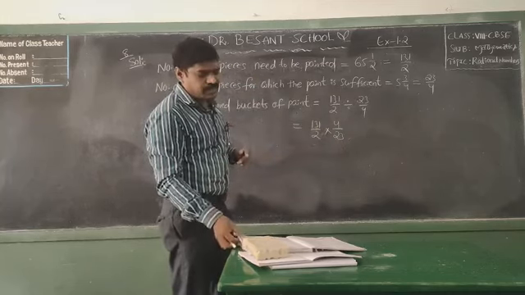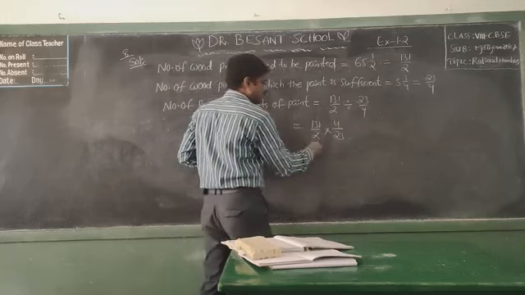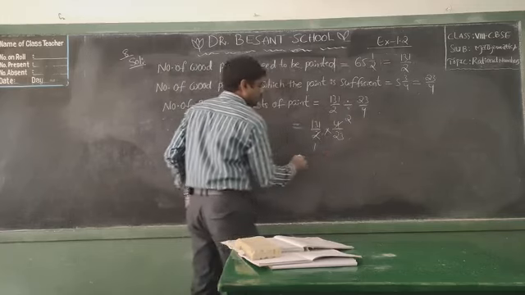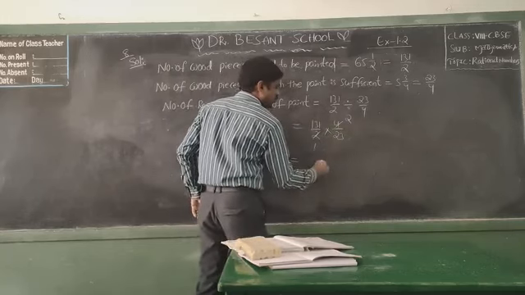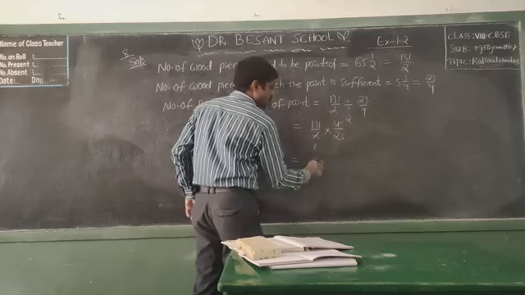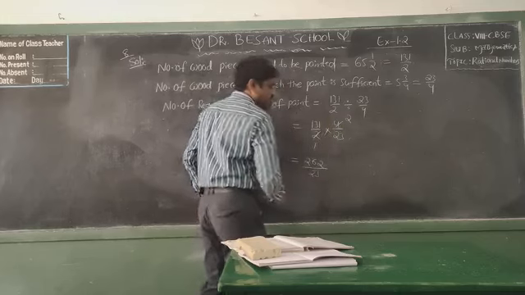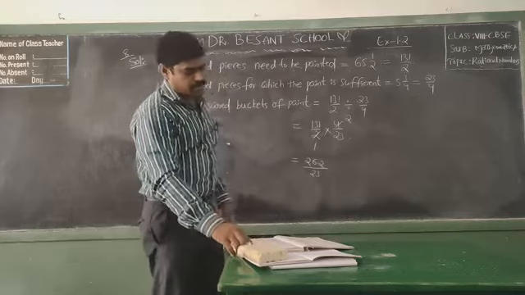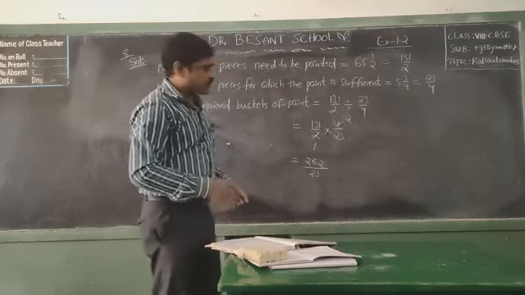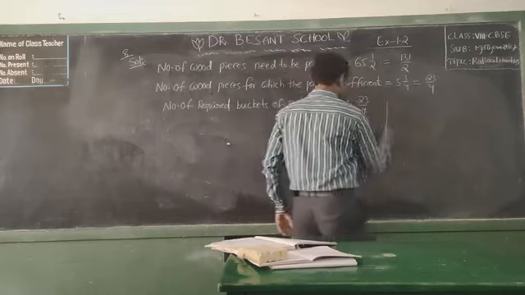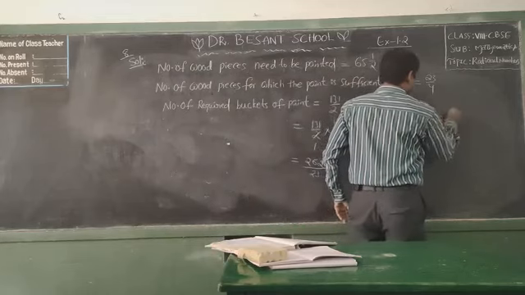Okay. So 2 2s are 4, 2 3s are 6, 2 1s are 2, so 262/23.